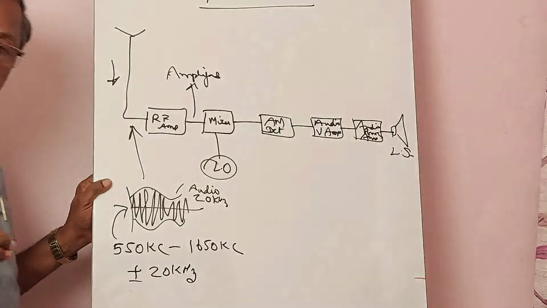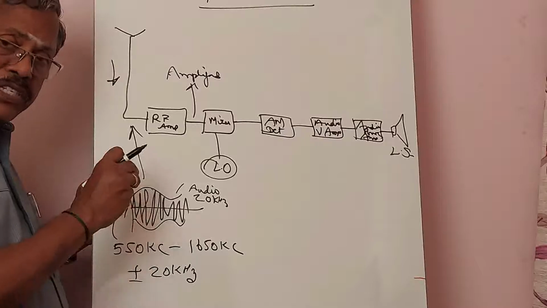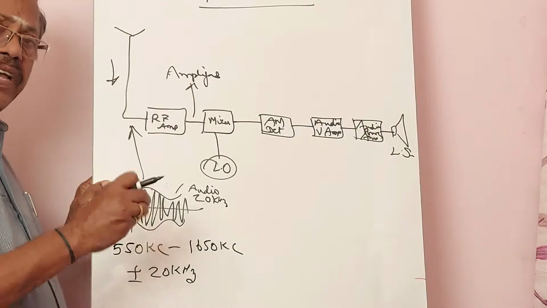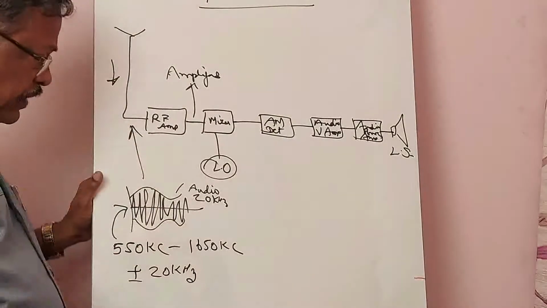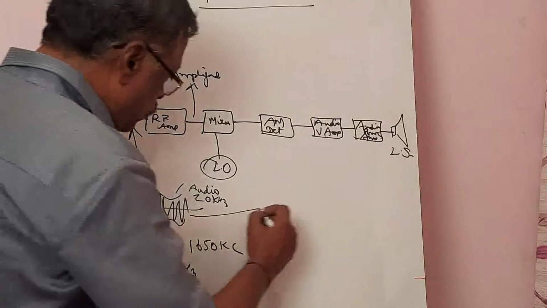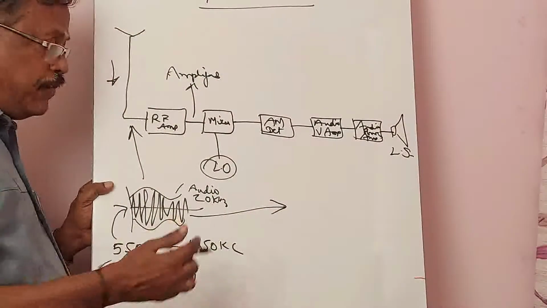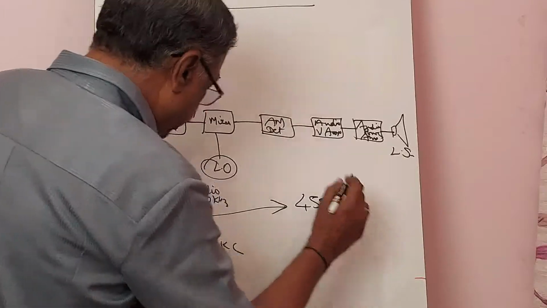But technically they have found that demodulation of the audio signal where the carrier frequency is very, very high is going to be very difficult. Therefore, this inner frequency is supposed to be changed to a common frequency called 455 kilocycles.